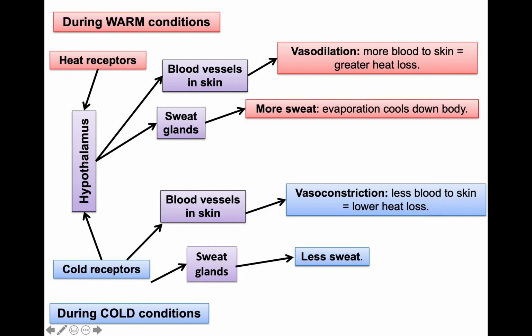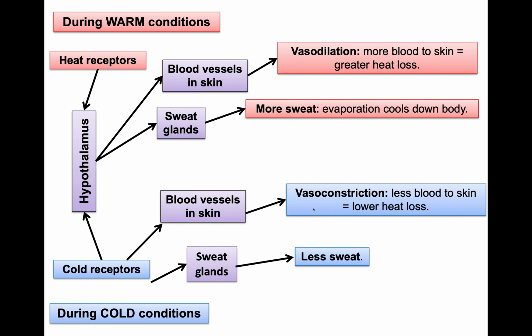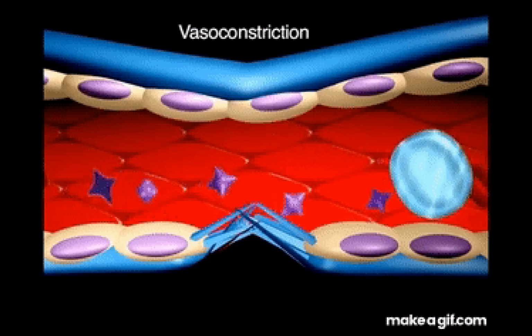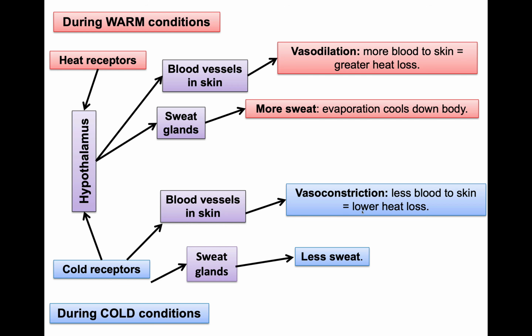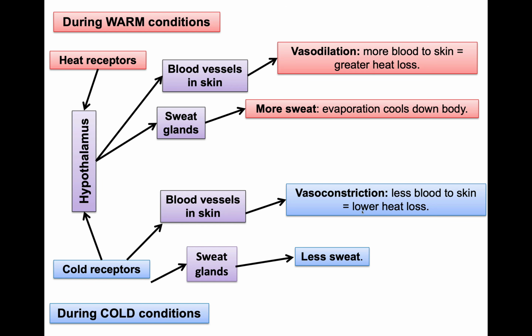Then the hypothalamus of the brain will instruct the blood vessels in the skin to start to constrict or become narrower. And that is called vasoconstriction. So during vasoconstriction, what happens? The blood vessels leading to the skin capillaries become narrower, they constrict, letting less blood flow through the skin and conserving heat in the body.